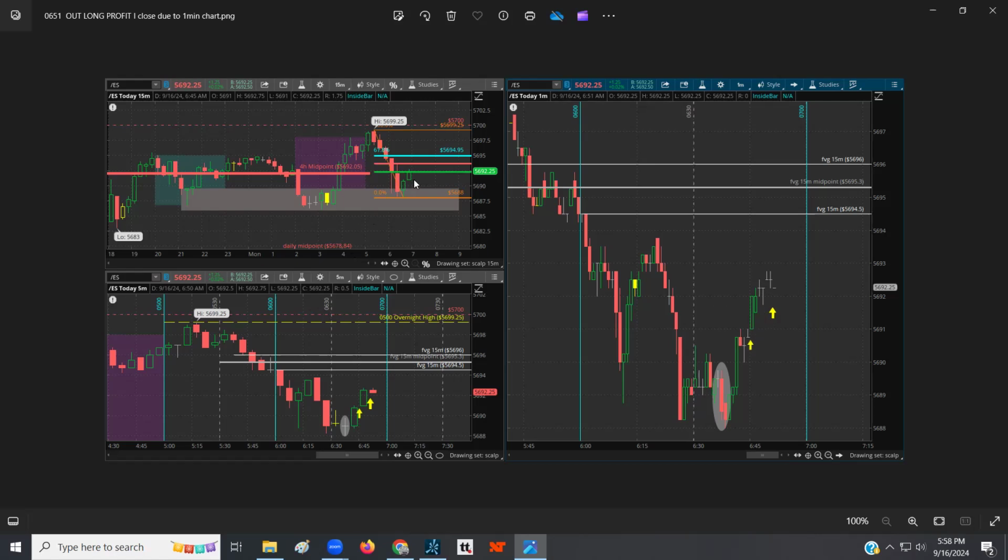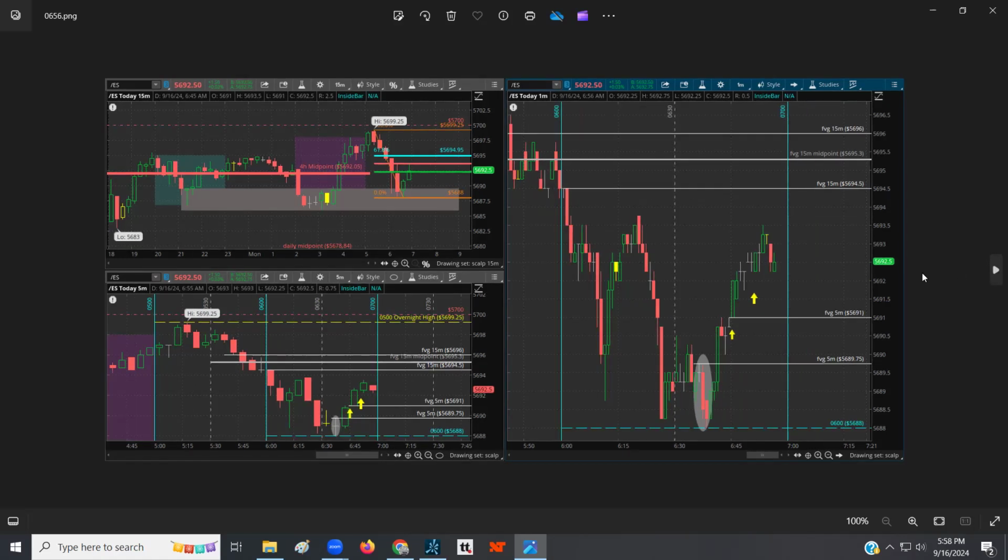And you can see here on the 15 minute, that little wick. 0656. It went higher after I got out. And then look at it, eventually rolled over. So that was one trade, long profit.